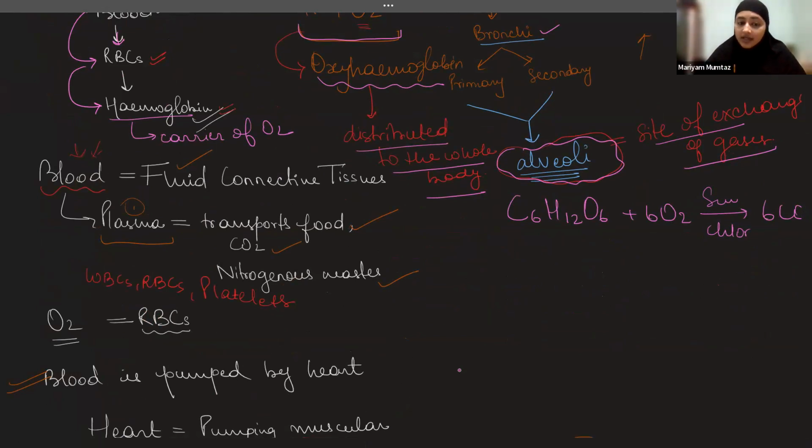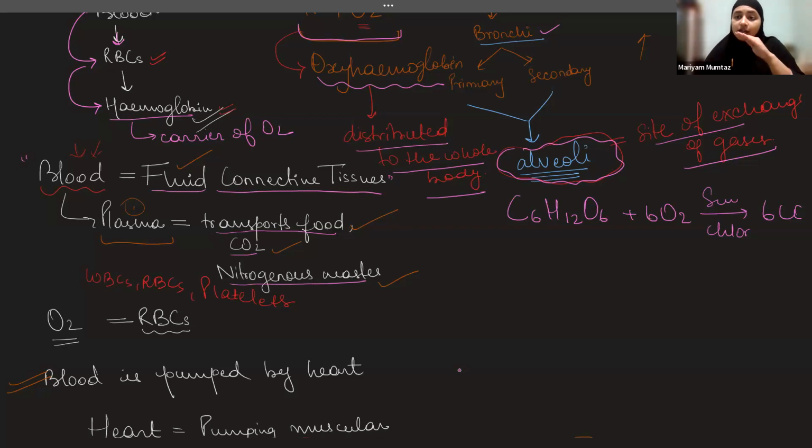But before that, you must remember that blood is considered a fluid connective tissue. You might remember it from class 9, right? Yes, sir. Fluid connective tissue. Now, blood has certain components. First, there is the matrix of the blood, that is the plasma. The plasma is a colorless fluid, and it is responsible for the transportation of food, CO2, and nitrogenous waste.